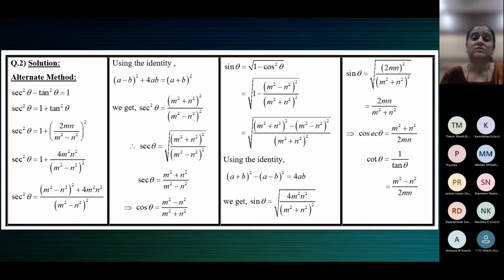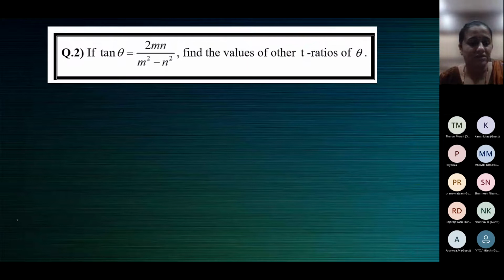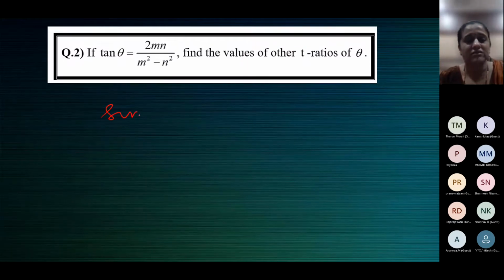Now you may think that if you have tan theta, you also have cot theta, because the reciprocal of tan is cot. When we talk, we may say sine, cos, tan, but in reality, there's nothing like sine, cos, tan. The ratio does not exist without the angle.